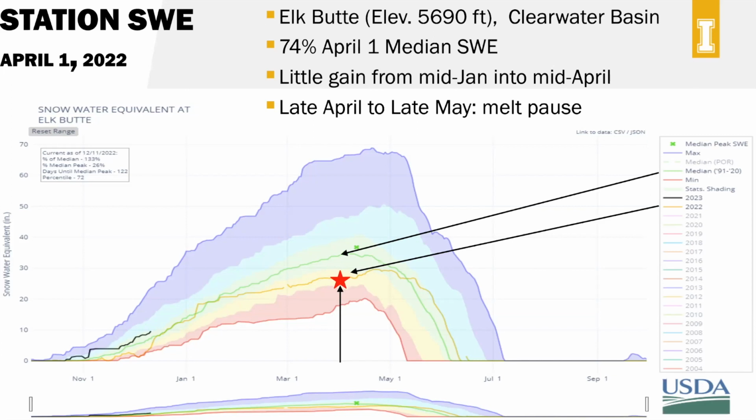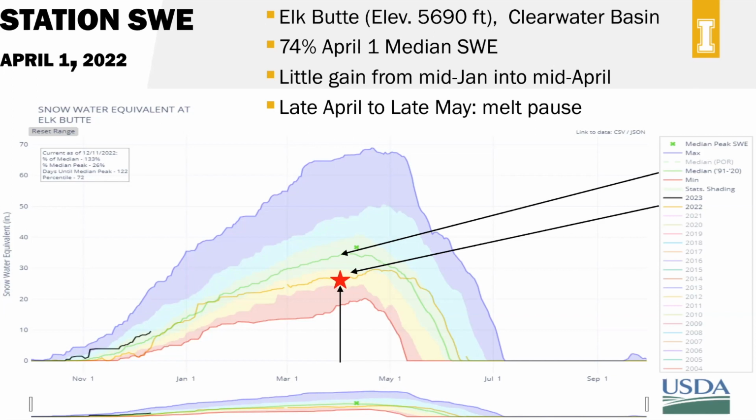But after about January 7th or 10th, the new precipitation just curtailed off, and it grew slowly a little bit through April, but certainly fell far below what the median value did during that same 3-month period. And that ended up with us being pretty low, in this case at about 74% of the median value on April 1st.